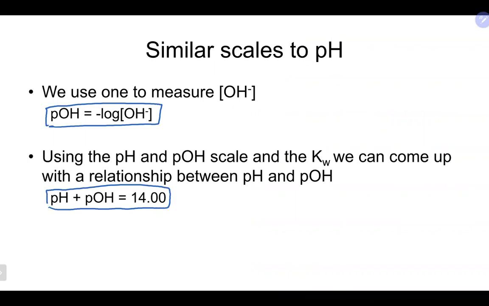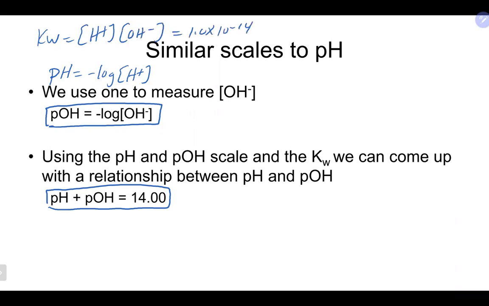It does give you a variety of ways to solve these, putting in our other formulas: minus log of the H plus for the pH, and also our Kw, which is H plus times OH minus equals 1 times 10 to the minus 14. You may not have to use Kw at all, but you can if you want, and you'll get the same answer. It's really your preference which route you want to take.